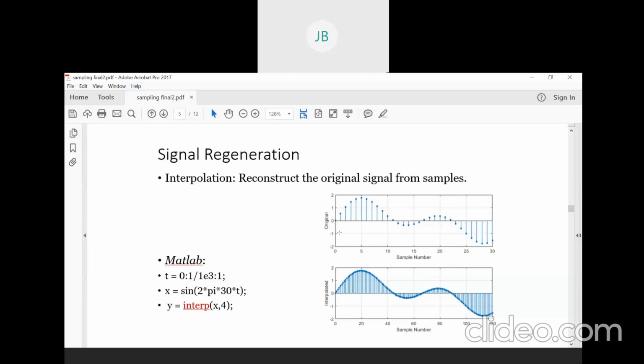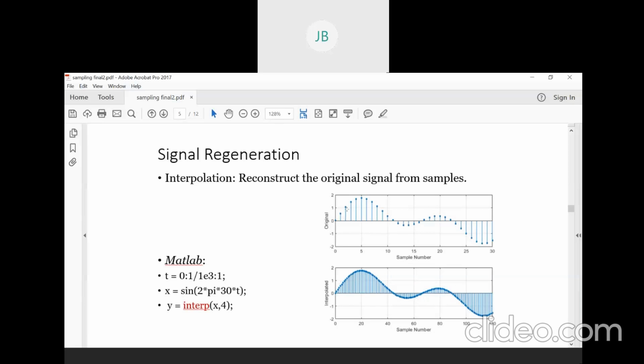For instance, assume there are 20 samples in the first signal, that is X. The second signal Y should have 80 samples, right? That is 4 times the number of samples in X. So you can see here we have more population in the second graph compared to the first graph.